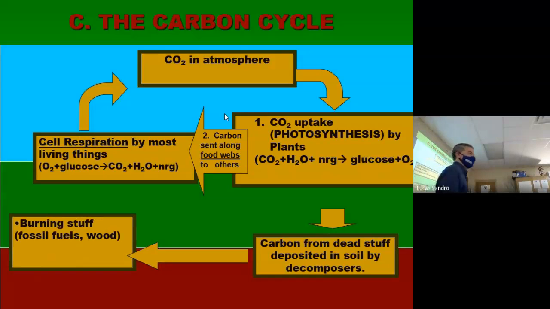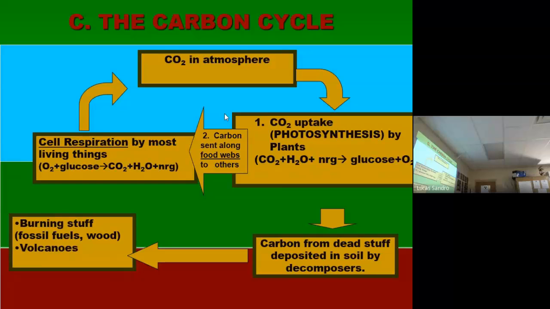One of those ways has been greatly accelerated by humans. Burning stuff, not just underground reserves like fossil fuels, although that's a huge contributor, but also burning things like wood releases tons of CO2 into the atmosphere, along with some other gases. Carbon monoxide as well.